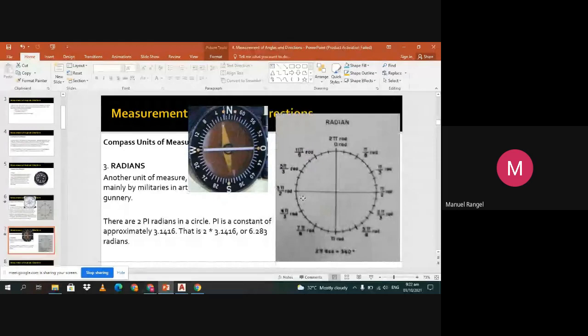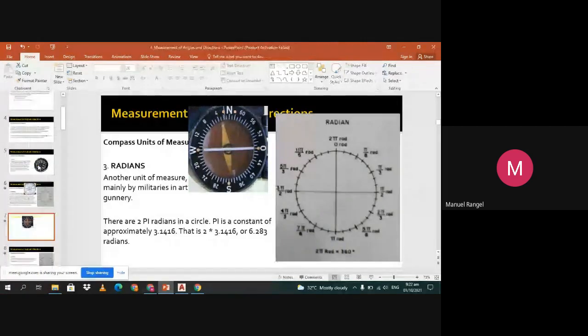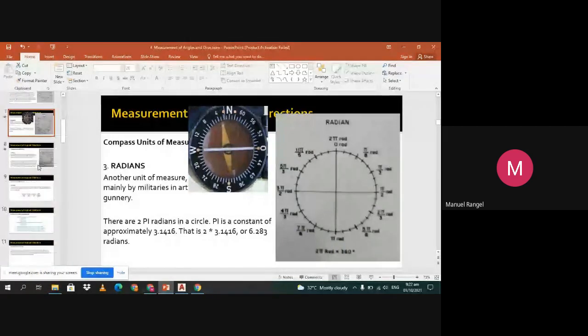Pi is a constant of approximately 3.1416. That is 6.283 radians. So one revolution or one circle is 2 pi radians. I'm sure you will study the conversion from radians to degrees, no? Just keep it in mind as you encounter it in the succeeding lessons.